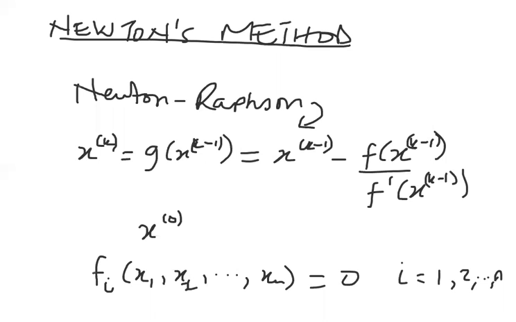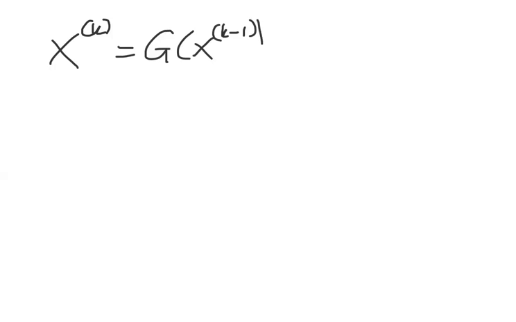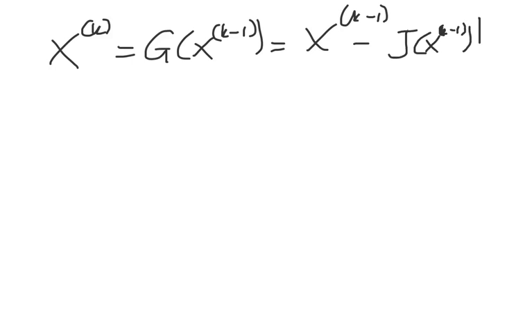When using Newton's method to solve nonlinear systems, we generate a sequence x_k, where x_k is given by G(x_(k-1)), which is equal to x_(k-1) minus the Jacobian matrix evaluated at x_(k-1), then we find the inverse of this, then times F of x_(k-1).